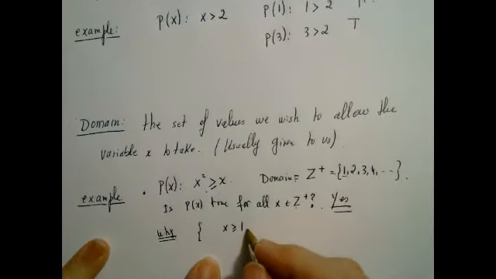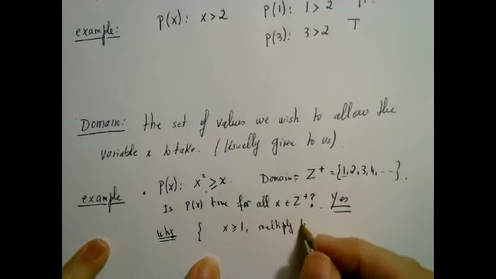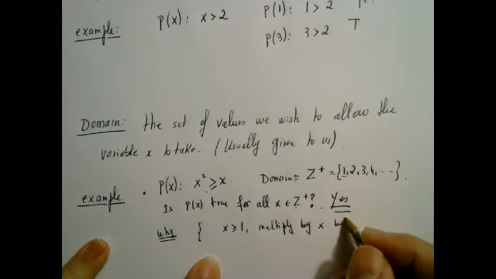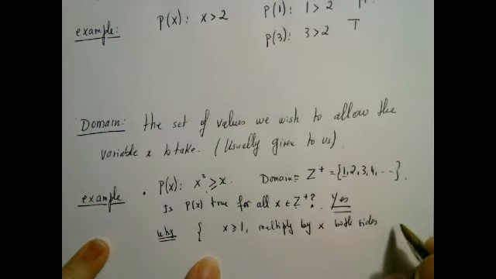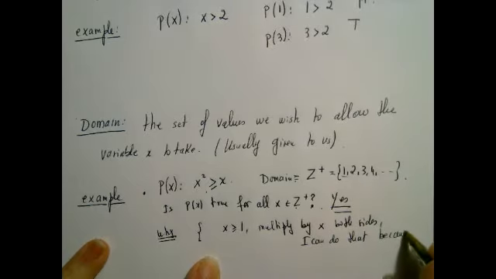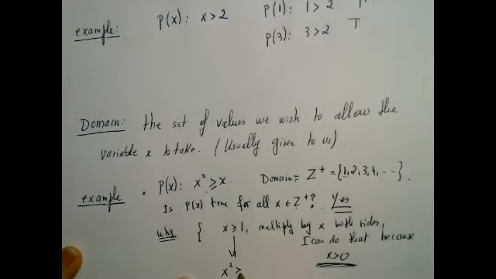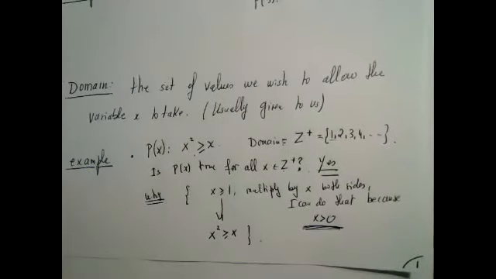If I multiply by x both sides, and because x is positive, I can do that, I get x squared bigger than x. That's a very, very simple reason.